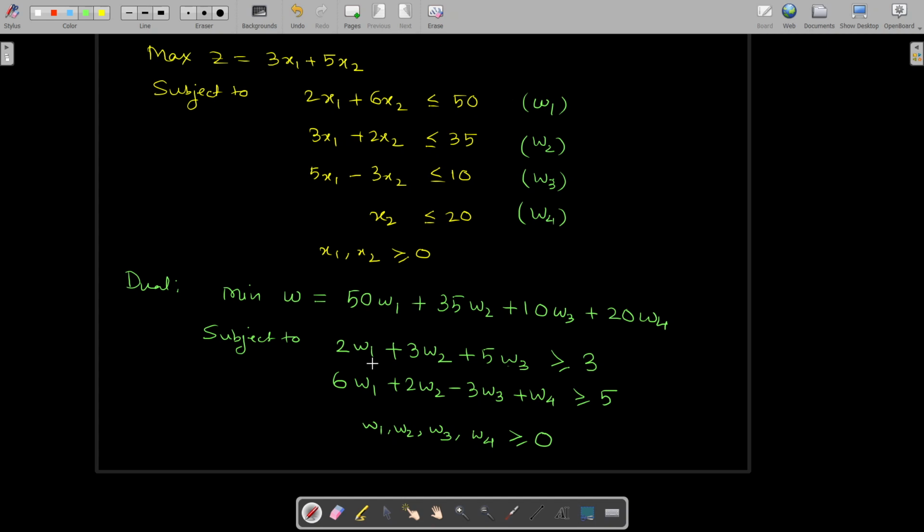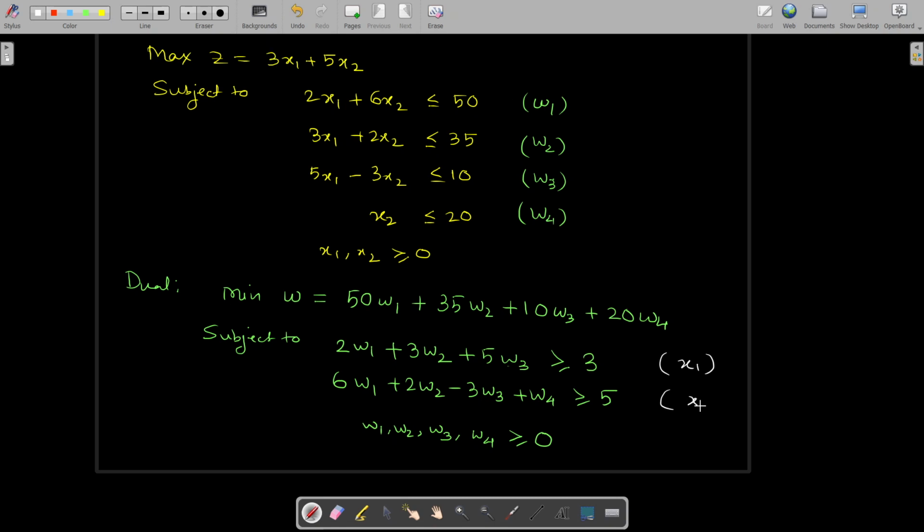Basically it will be easier if you want to remember it like this: the first constraint corresponds to the decision variable x1. That means these coefficients, 2, 3, 5, are all coefficients of x1 in the constraints, and the constant term comes from the objective function.